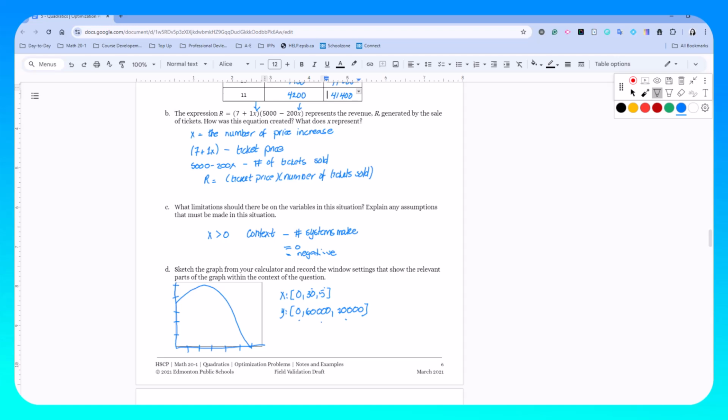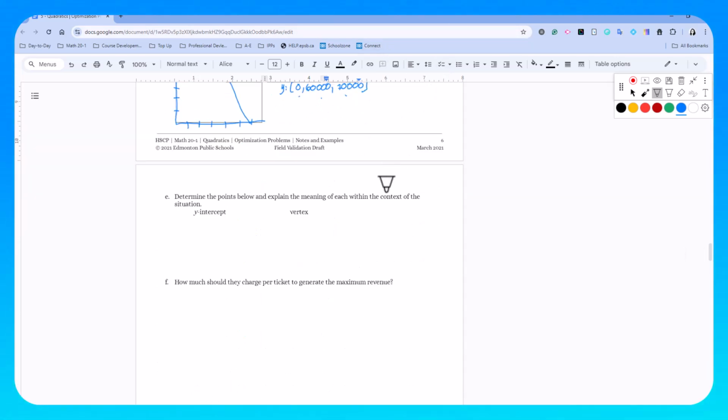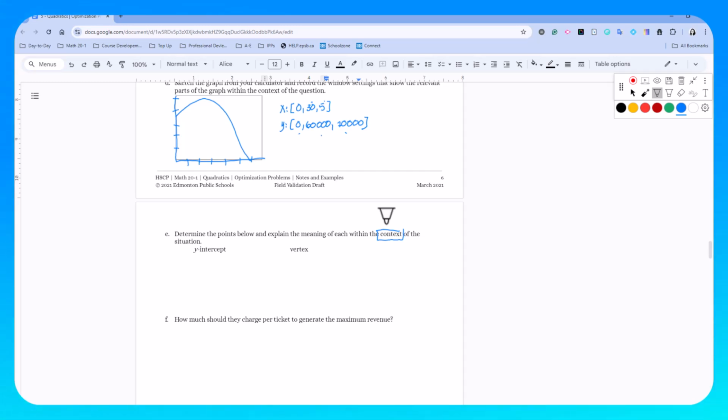So let's move on to the next question, which is part E. Here it says determine the points below and explain the meaning of each within the context of the question. There's that word again. Well, the y-intercept, let me just scroll up a little bit here, that represents the revenue when there is no price increase.